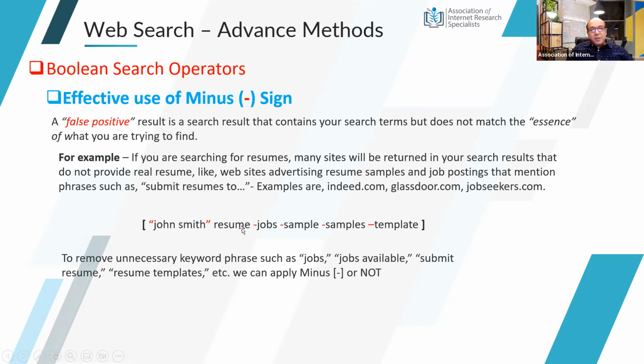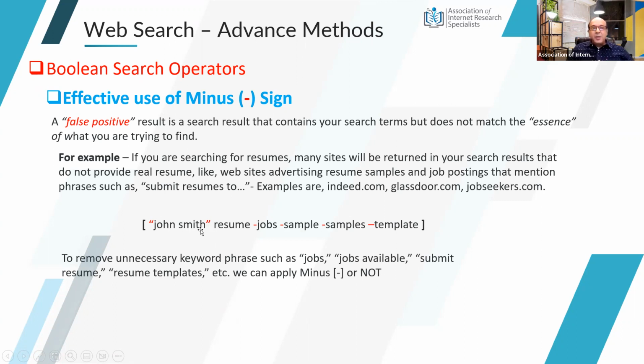The word is correct, you are looking for a resume of John Smith, but in what sense? So you may want to eliminate or exclude terms that give it a slightly different meaning by taking away words like jobs. Like, you are not offering jobs, you're not looking for sample or samples of resume.